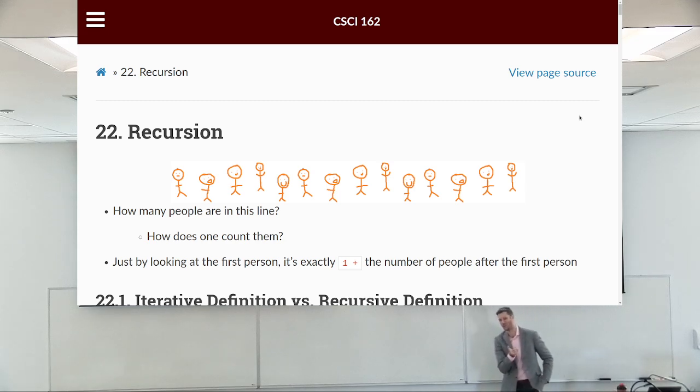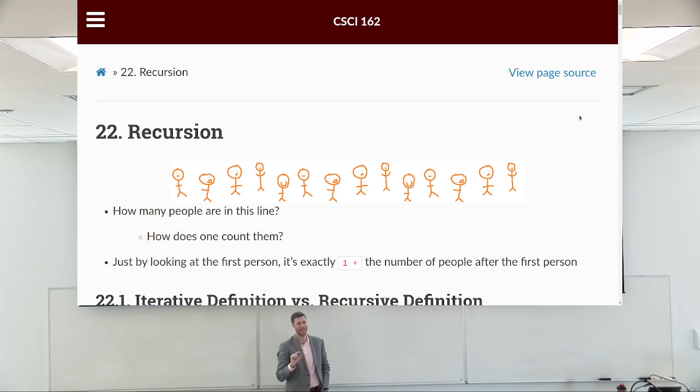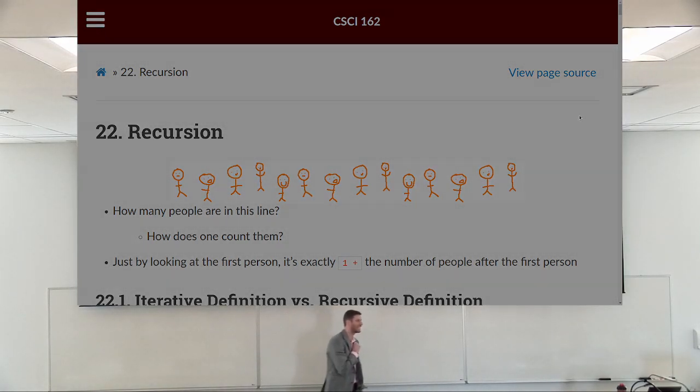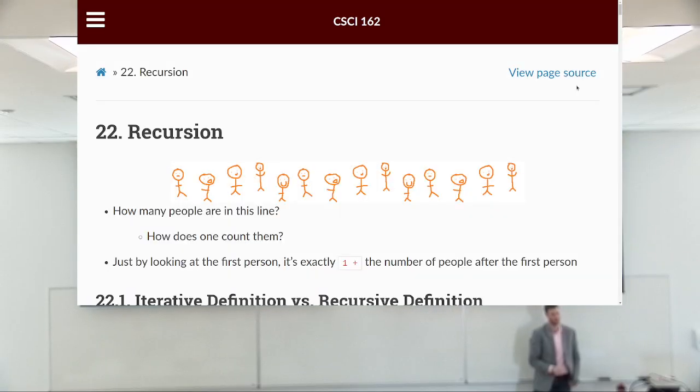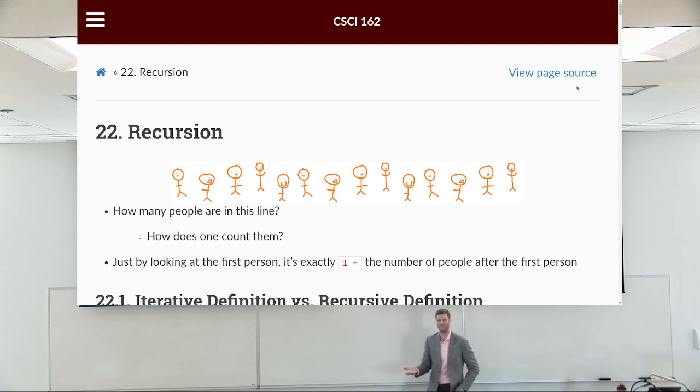But the value, the awesomeness of this, is we answered that question by asking a ridiculously simple question with a ridiculously simple answer: 1 plus the number of people after you. The problem was that how many people are after you is kind of a big mystery.